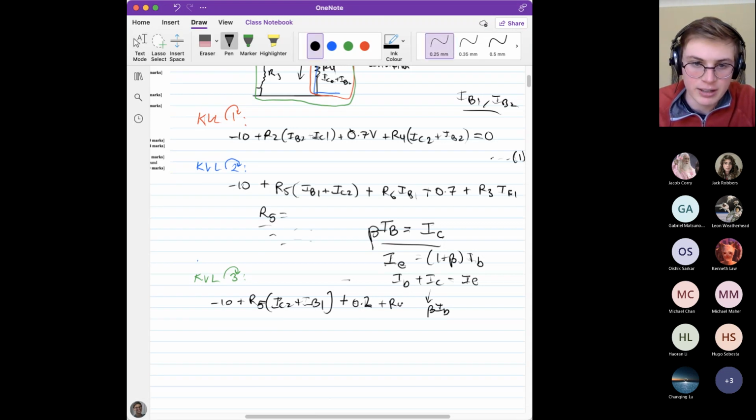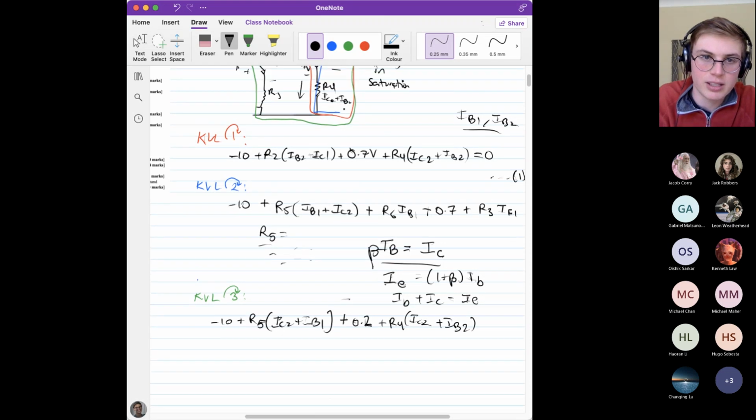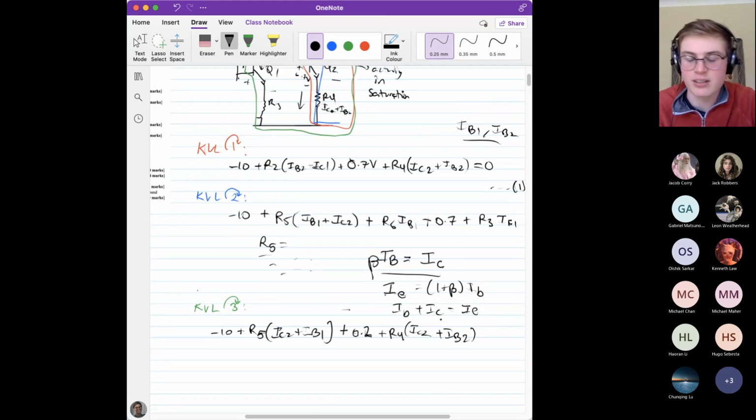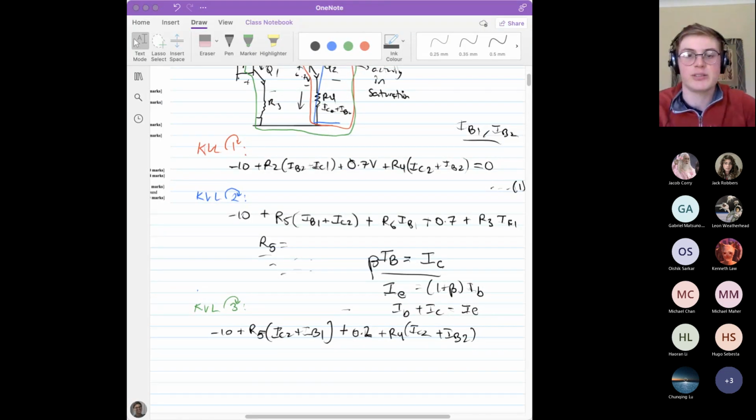And then we're going to have R4 into our emitter current. So again, this is using this equation here, so this emitter current here. Essentially, a lot of these currents are fairly interchangeable. Being able to swap between them is a good skill: I've got to get rid of that, so I'll replace it with this because it's in forward active.